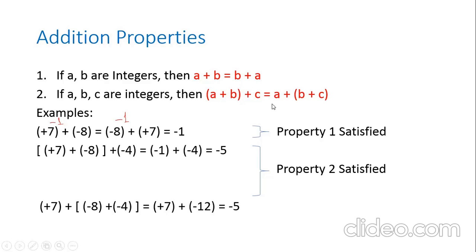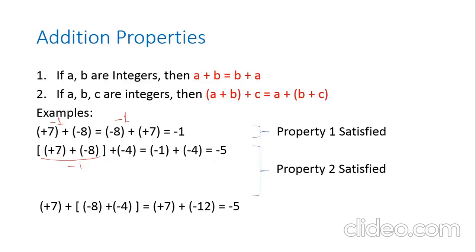So if we give an example, here, +7 plus -8. If we calculate the result here, it will give us -1. Now adding -1 to -4 will give us -5.